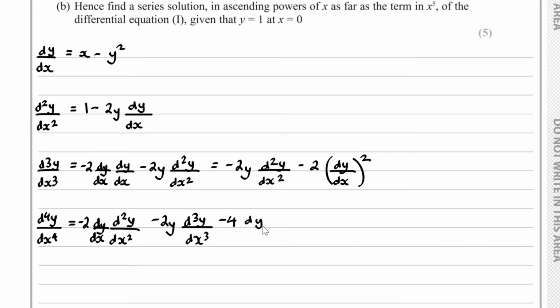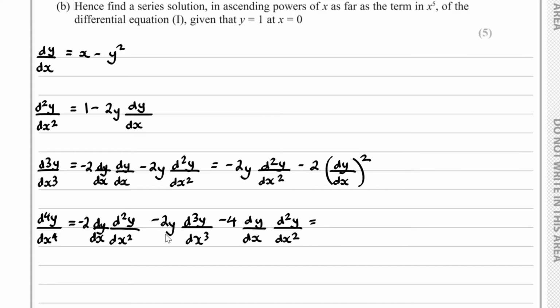and then we'd have to multiply by the differential of the bracket, which is d squared y over dx squared. So here we've used the chain rule or the bracket rule or whatever you call it.